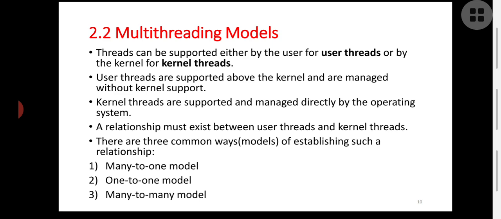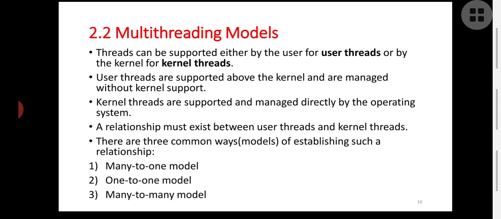If you go back and recall the first module and the first diagram, the components of a computer system: the basic component was hardware, then the operating system, then system programs and application programs, then a set of users. So in between the operating system and users there are many system programs and application programs. Kernel threads are present in the operating system and user threads are present at user level.